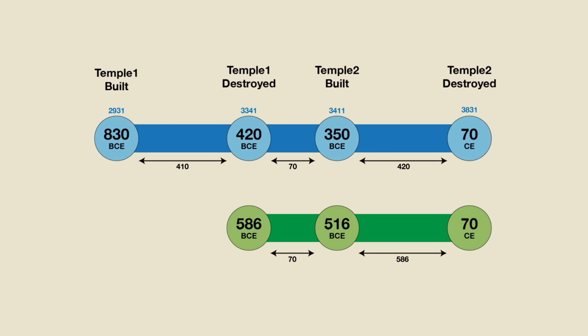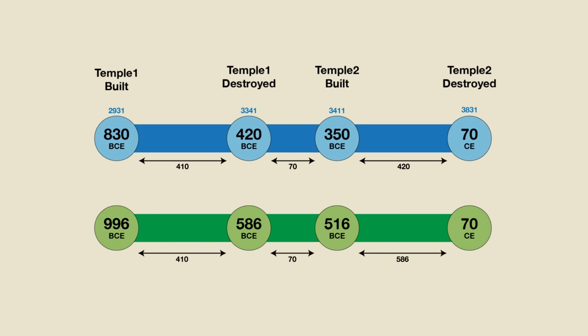Let's now go back to the first date, the date for when the first temple was built. Now that we have a historically accurate date of 586 BCE, perhaps we can come up with a better estimate. If we go with the rabbi's statement that the first temple stood for 410 years, this would give us 996 BCE.